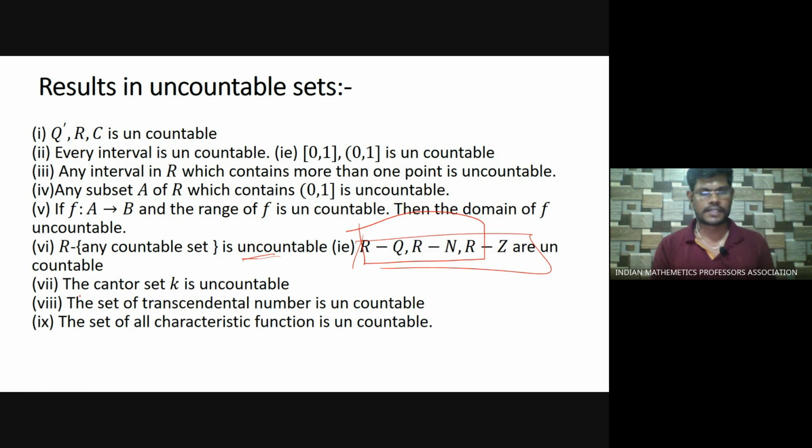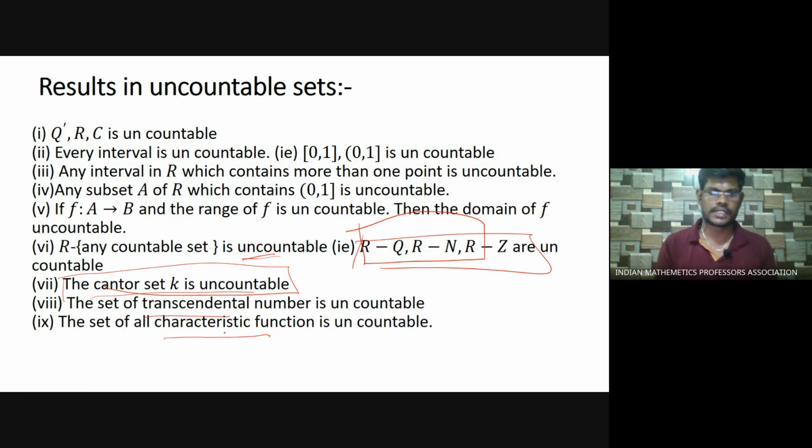And the seventh one: the Cantor set is uncountable. This is also one of the important points. The Cantor set is uncountable. And the same, the set of transcendental numbers is also uncountable, and the characteristic function is uncountable.